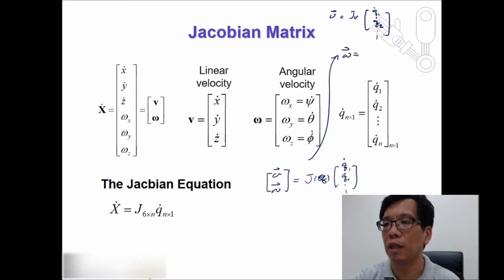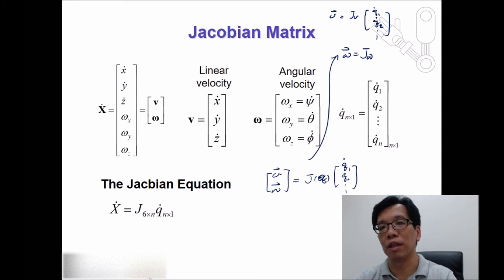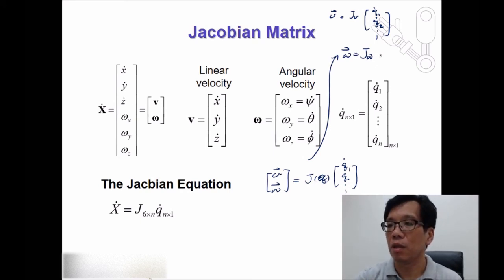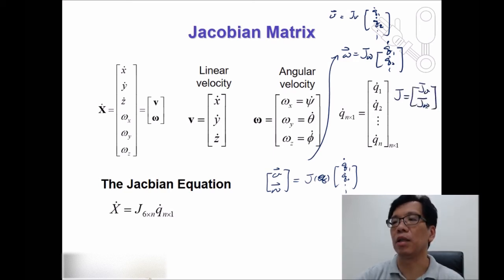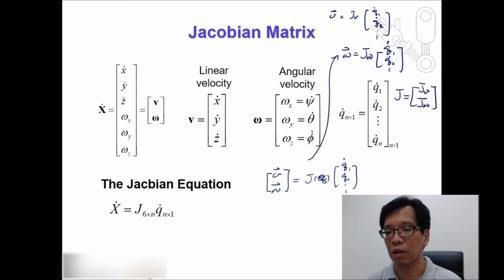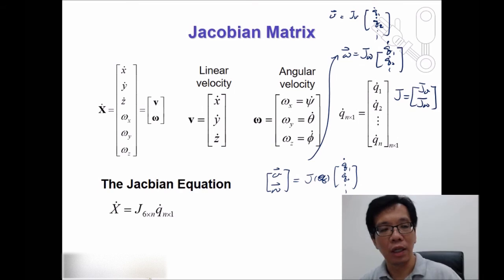For the omega, it's going to be the same, but J omega is going to be the lower part of the matrix, which we still multiply by Q1 dot, Q2 dot, those variables. Then when we synthesize the Jacobian matrix, it's going to be J_V and J omega combined together. We're going to have more detail about this later when we deal with 2 big examples at the end of this module.